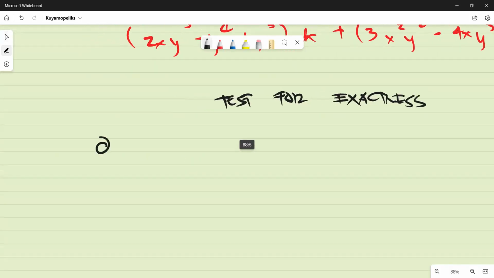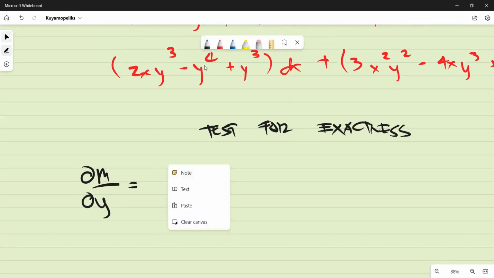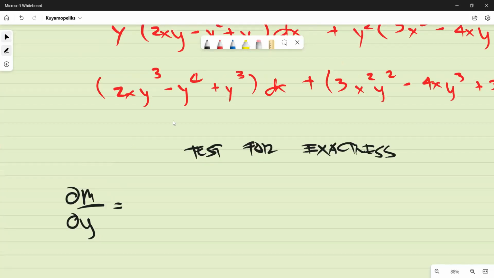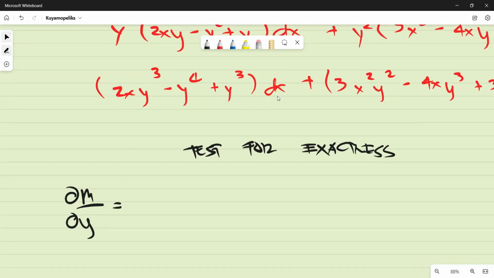Let's first test yung partial of m with respect to y. So ito yung bagong m natin katabi ng dx. So ang derivative niyan with respect to y. So kapag with respect to y, again, constant yung mga x. So that is 2x times 3y squared minus 3y cubed plus 3y squared.